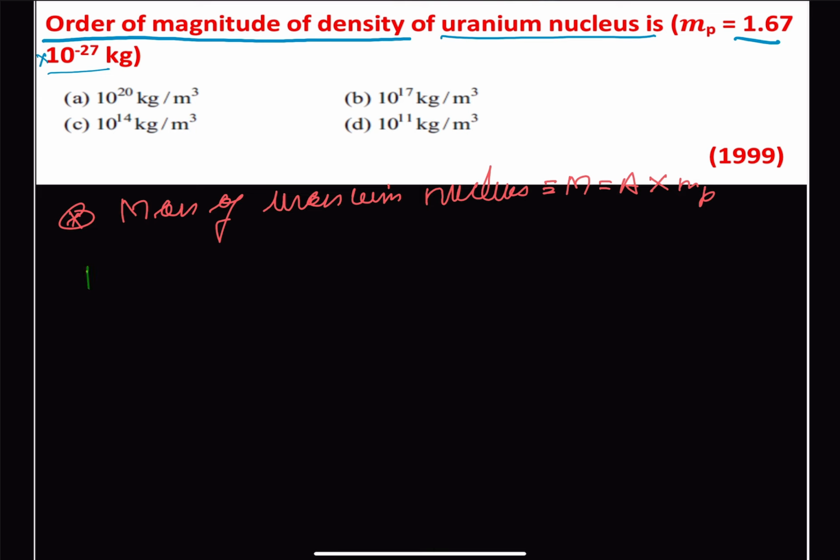So we get this mass is equal to 238, that is our value of A, multiplied by 1.67 into 10 to the power minus 27, and this comes approximately equal to 4 into 10 to the power minus 25 kg. And we have to find out its density, and the radius.